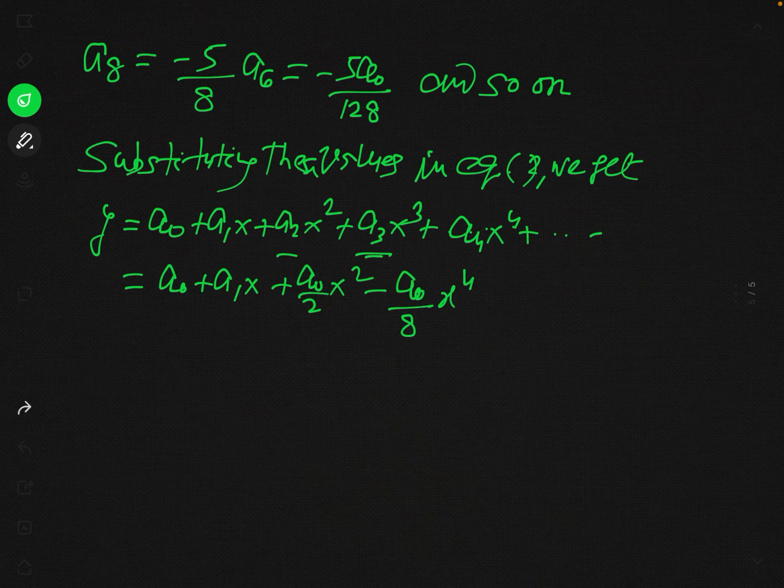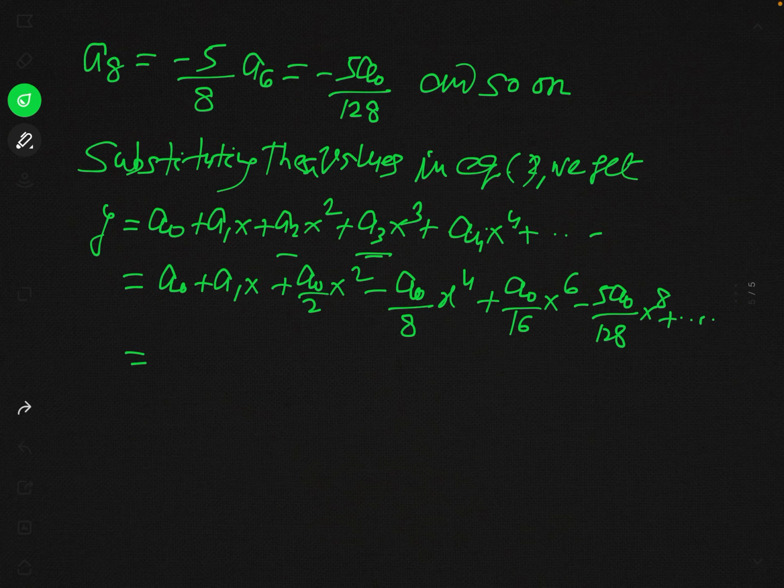Then we will put a6, and in this manner you will get a0 by 16 x to the power 6, and again minus 5a0 divided by 128 into x to the power 8, and so on and so on.